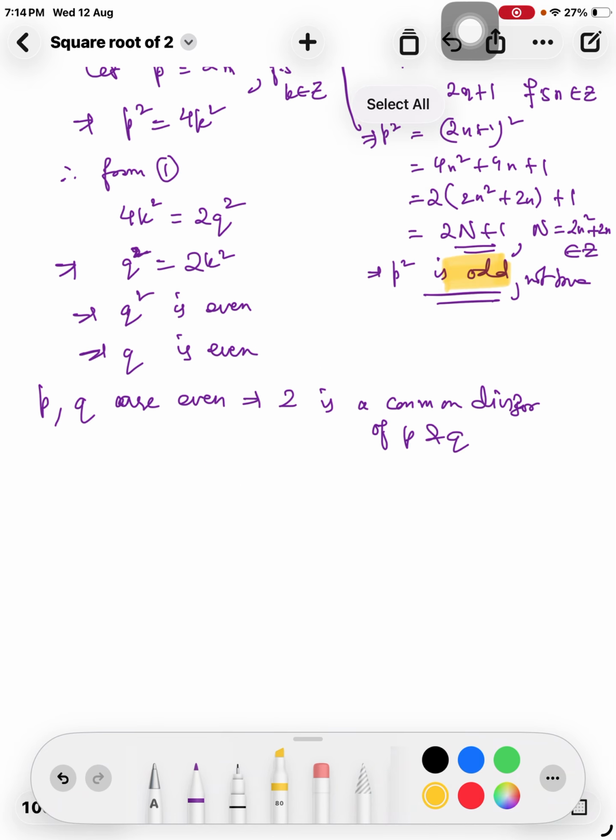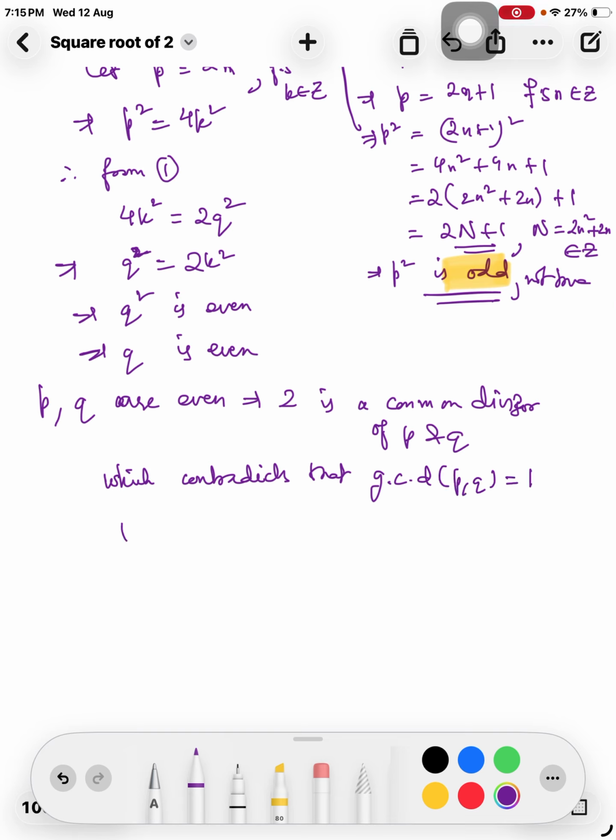So that means we get a wrong statement or a contradiction, which contradicts that GCD of p and q is 1. So hence our assumption that there is a rational number whose square is 2 is incorrect. So that means there is no rational number whose square is 2.